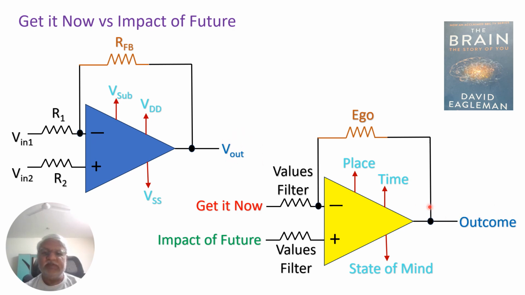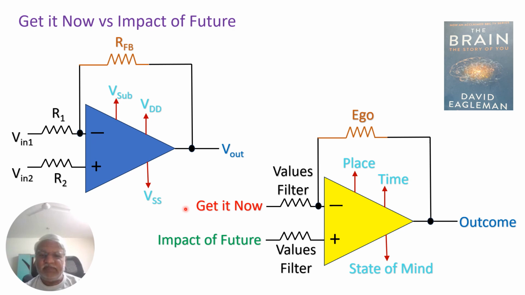and the output voltage is the same as the outcome. Now aside to these, for the power supplies, VDD and VSS, we have place, time, and state of mind. These three items also decide how the outcome happens.